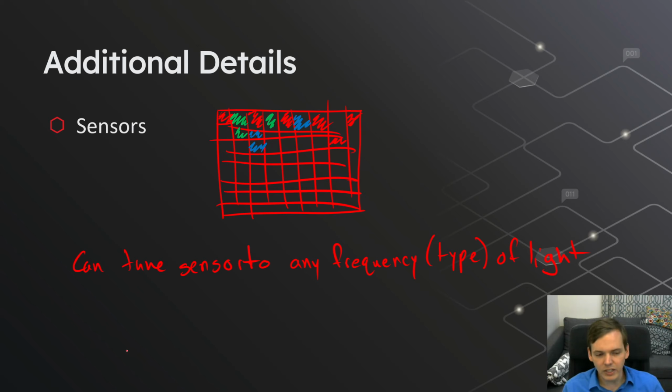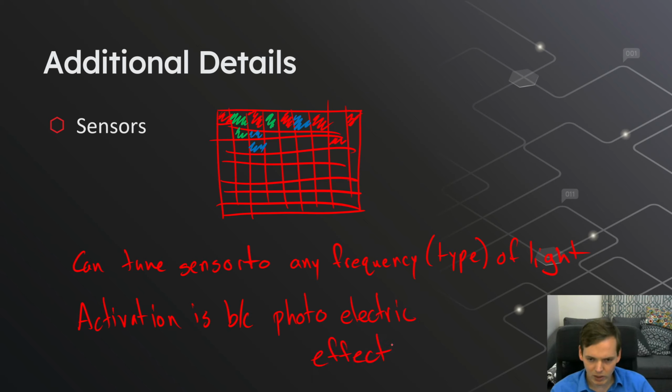And the reason these activate is due to the photoelectric effect. And you looked at this in the simulation, hopefully by now, and it's basically just when light hits a certain type of metal that's under the right conditions, it will create a current.